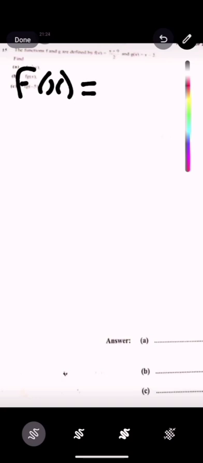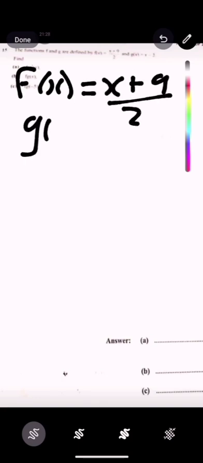Number B, fg(x). So our f(x) was (x + 9) over 2. Our g(x) was x - 2.